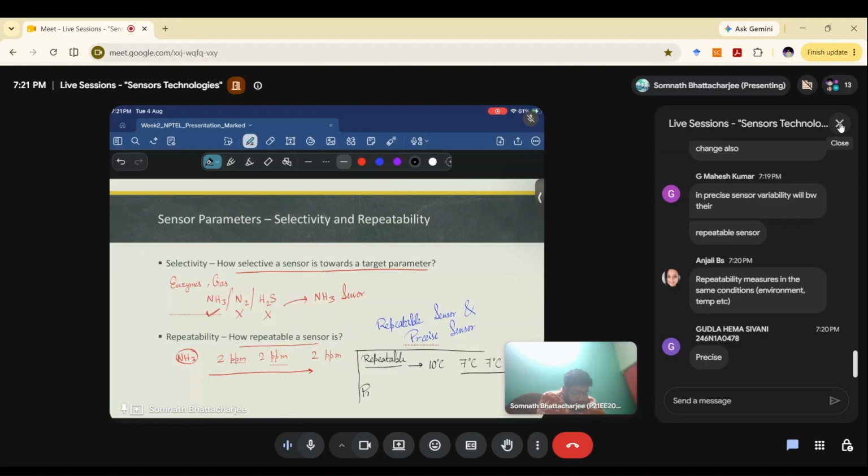Obviously, in the device, this is 10 to 200. Don't consider it as like this, right? I have drawn it like this, but the plot is something like this. So it is 10 to 200 degrees, obviously. The range is 10 to 200 degrees centigrade, and our deadband is from 50 to 100 degrees centigrade, right?